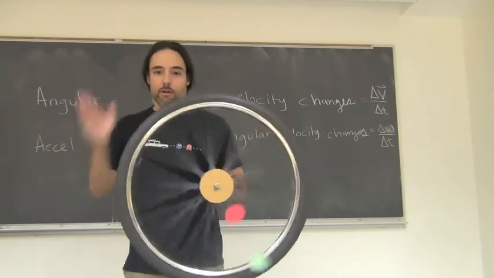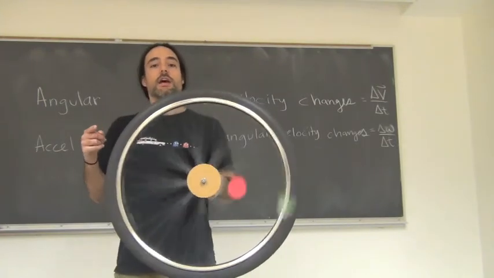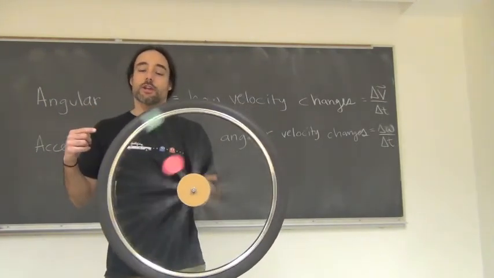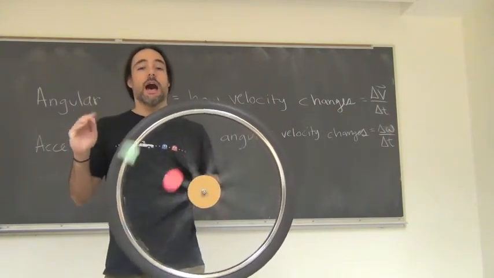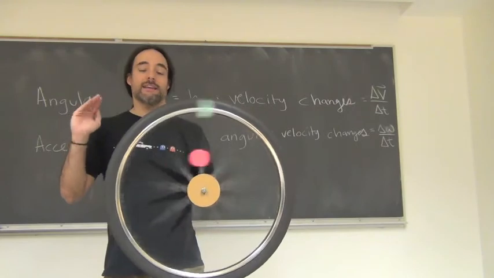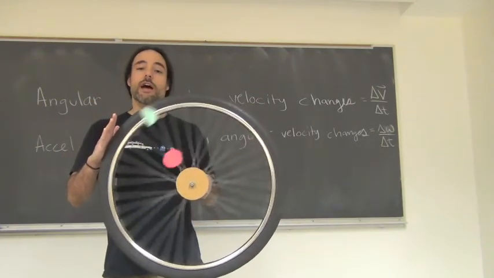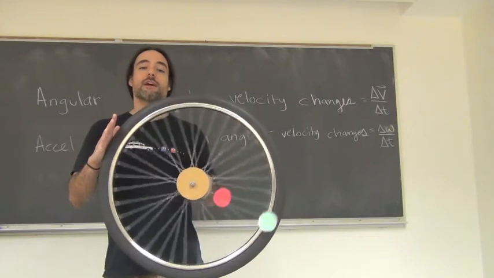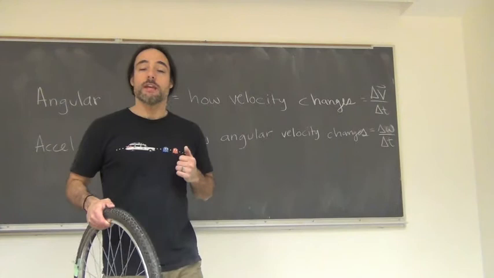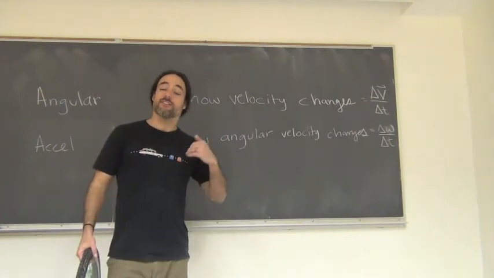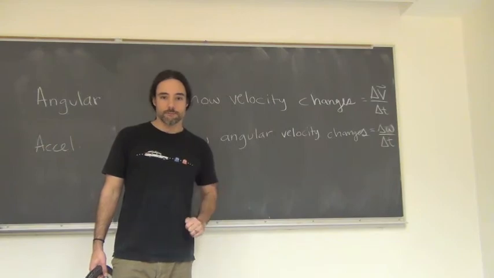If I try to speed it up, during the speeding up process there is some angular acceleration because the rate at which it's going around is increasing. I could also have an angular deceleration by slowing those dots down so that the rate at which their angle changes gets smaller and smaller. So that's what we mean by angular acceleration. It's essentially the speeding up and slowing down of the angular velocity.